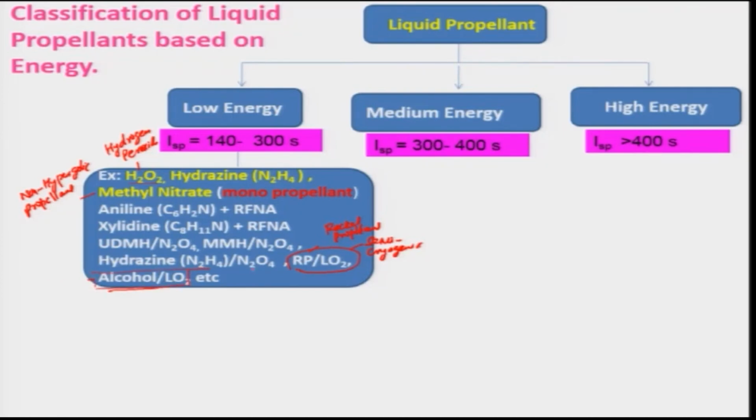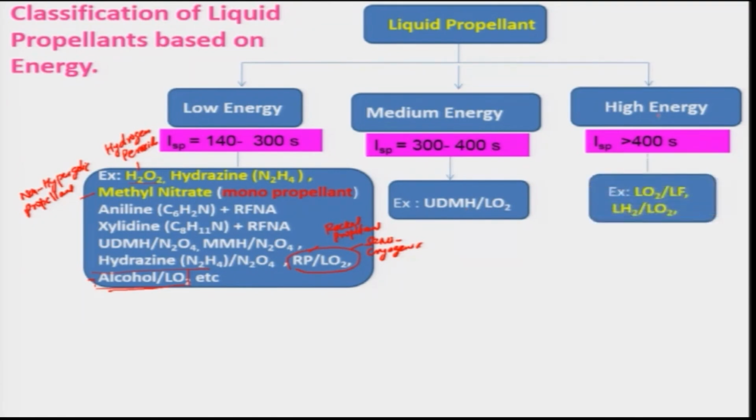Other examples of medium energy liquid propellant are UDMH and LO2. Again, when you use liquid oxygen, it is semi cryogenic. And high energy propellant is liquid oxygen and liquid fluorine.